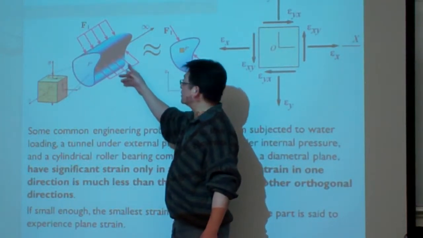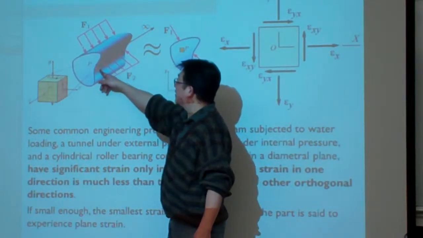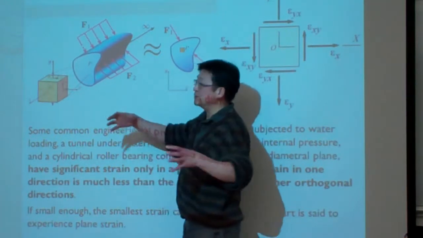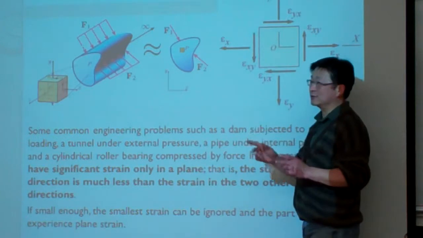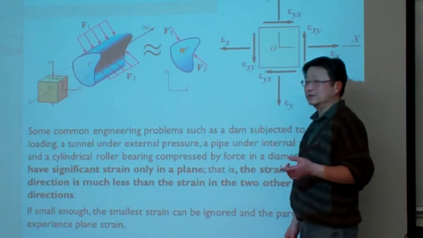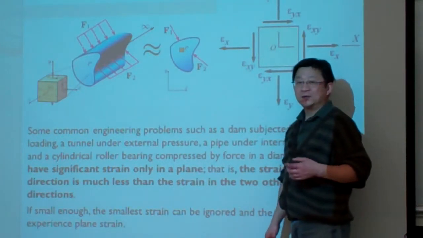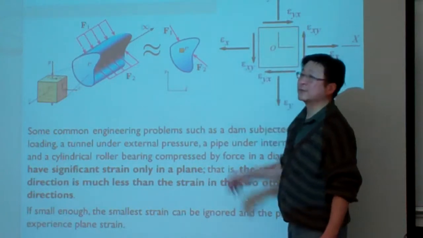So for this case, the situation is for any model that has one dimension that is very, very large compared to the other two dimensions. Once you have this model, then right away you can begin to justify whether this would be a good 2D model under plane strain.